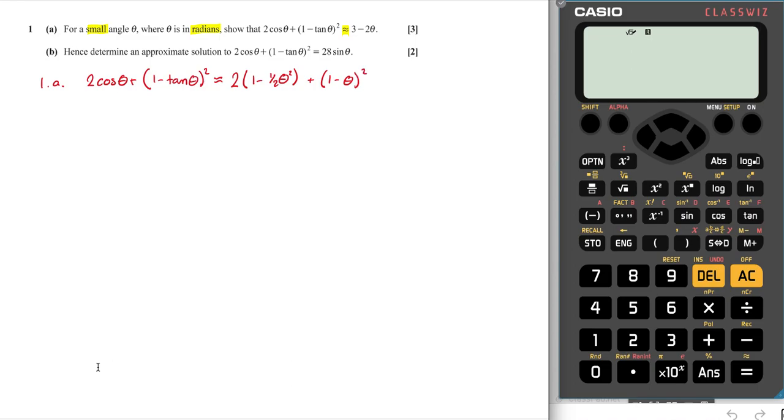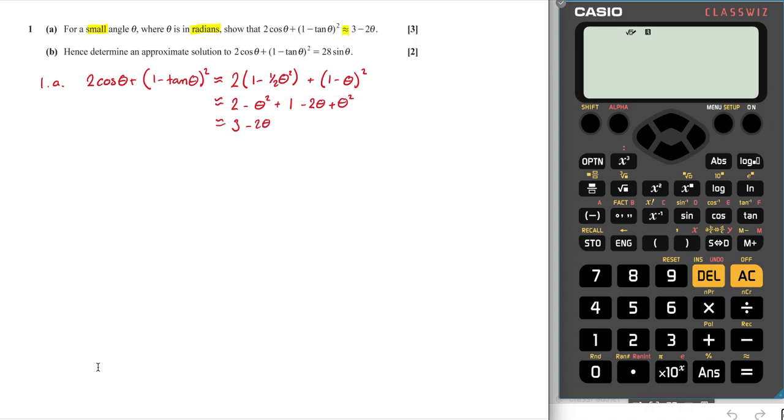So this is therefore 2 minus theta squared plus 1 minus 2 theta. Then you've got minus theta times minus theta, which would be positive theta squared. So this is going to be 2 plus 1 is 3, minus theta squared plus theta squared, they cancel, and then you have minus 2 theta as required.